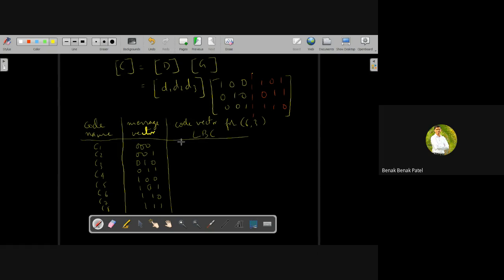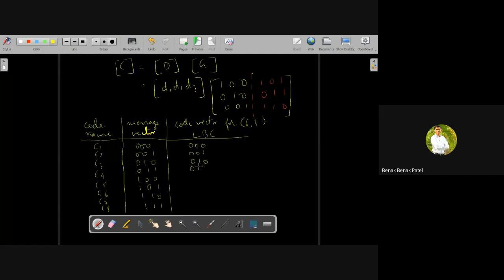Now it's quite evident that the very first half of this generator matrix is the identity matrix. So the first half of this linear block code should exactly resemble my message vector. All I've got to do is repeat the same thing again over here, because the first half is the identity matrix.